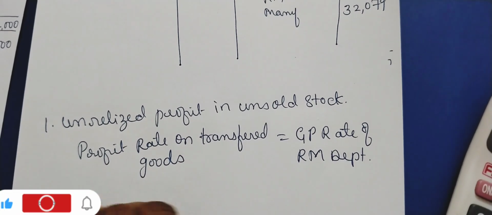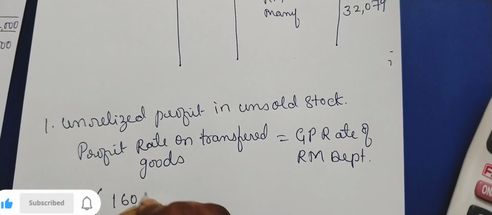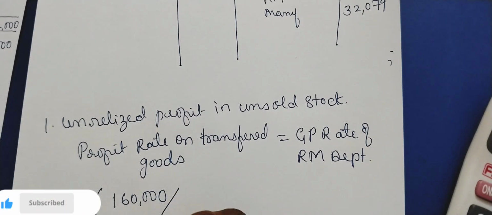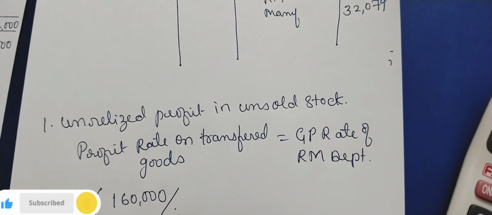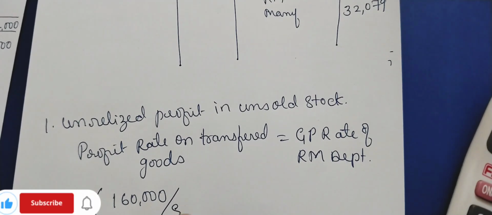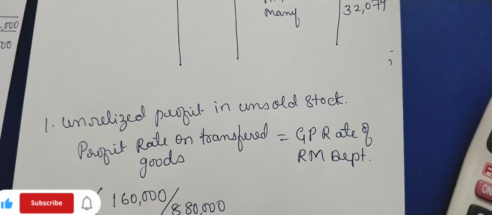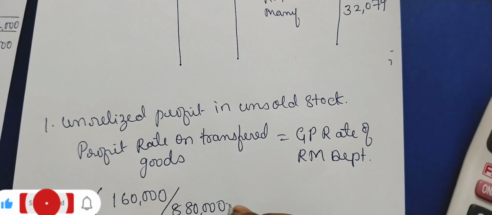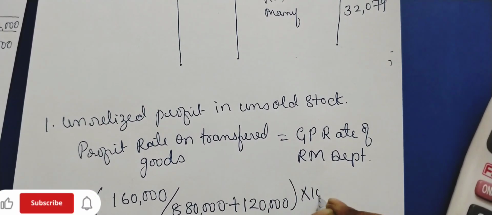Now what is the gross profit of the raw material department? 1,60,000 is the gross profit, right? Divided by sales. What is the sales of the raw material department? It is 8,80,000, and you need to consider the transferred goods also. So that is your sales plus transfer. Transfer is 1,20,000, into 100.